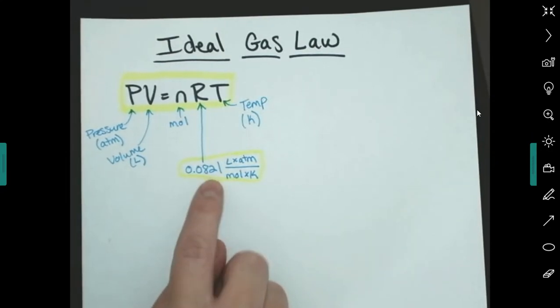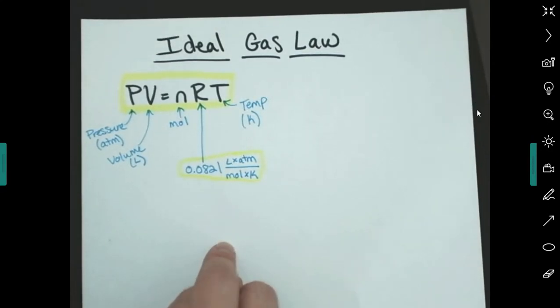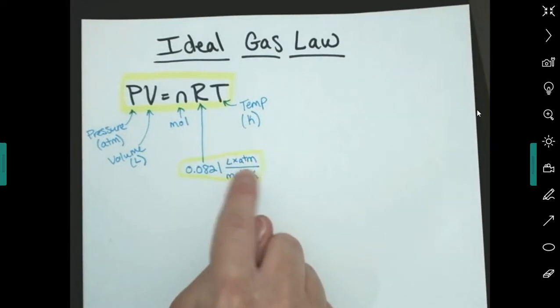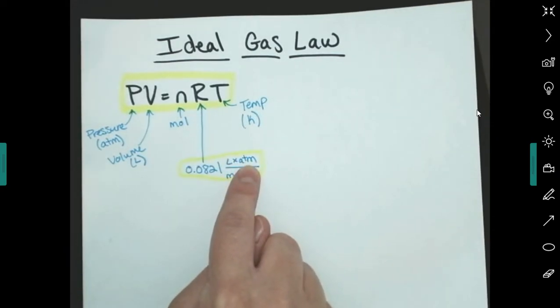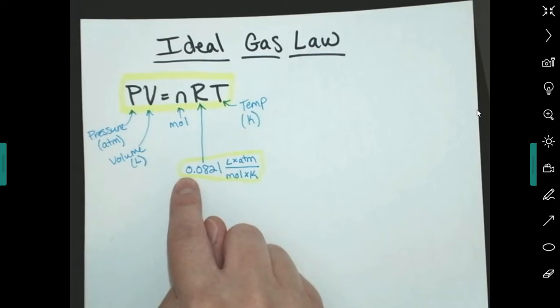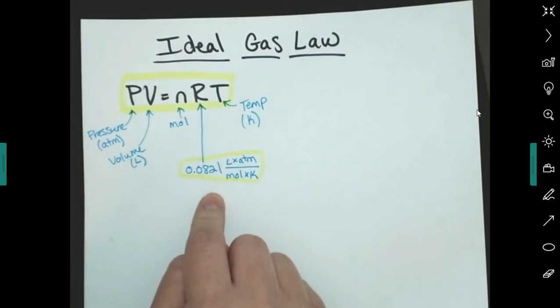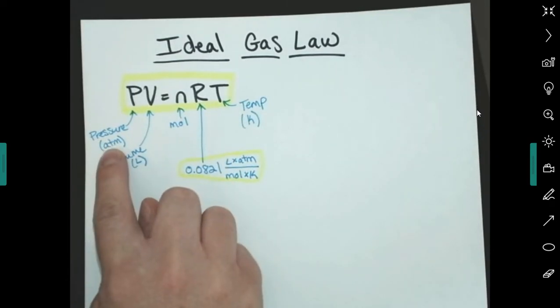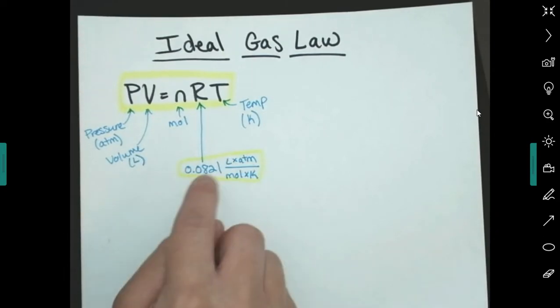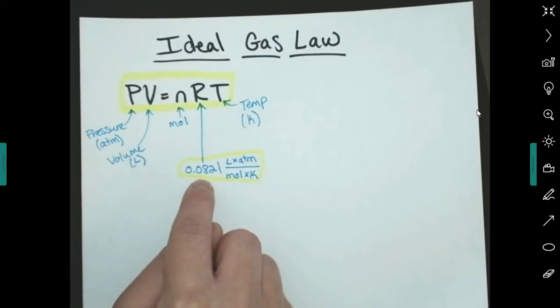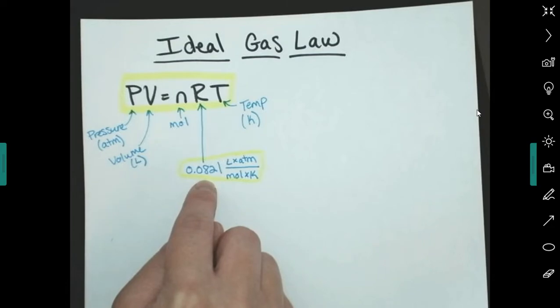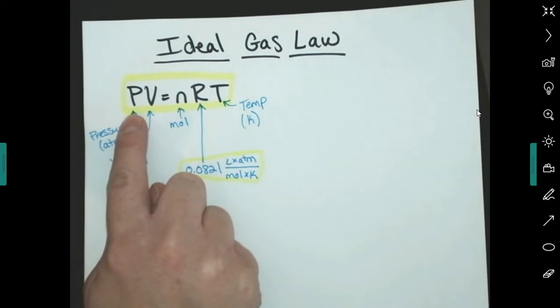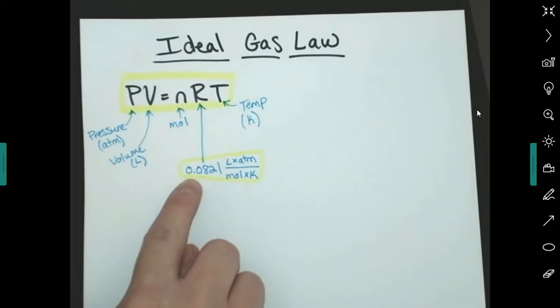There are different values that exist for R, but we are going to use the one that has atmospheres in it just to stay consistent. So hopefully that simplifies it for you. So you only have one number to remember. And as long as your pressure is in atmospheres, you can use this R value every time, okay? So if you get a problem where your pressure is not in atmospheres, convert it to atmospheres, and then you can just use this one.